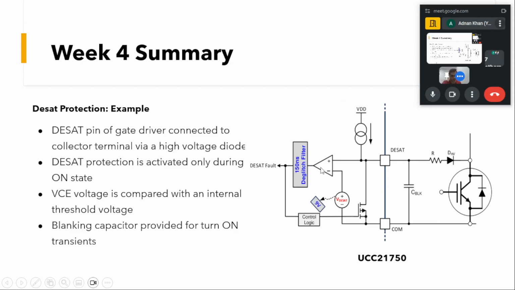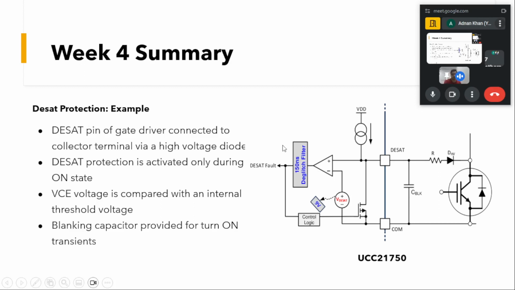The DSAT protection is itself in our gate driver ICs, and it will cause our pulses to shut off or go low, which will in turn turn off our devices, protecting our device. That is how the DSAT operates.